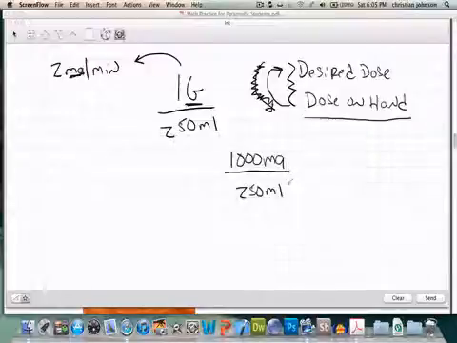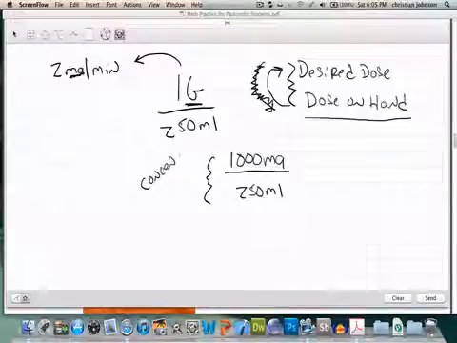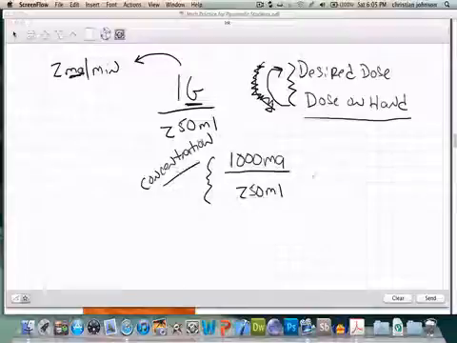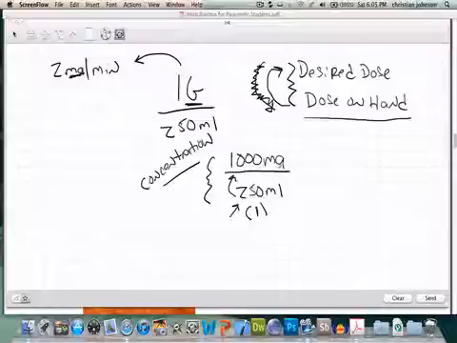milliliter bag. Now, if my math problem says to find the concentration of this mixture, what I want to do is make my denominator 1. That's my goal. I need to divide the numerator and the denominator, this bottom number from the top, and that's easy. 250 goes into 1,000 4 times, right?